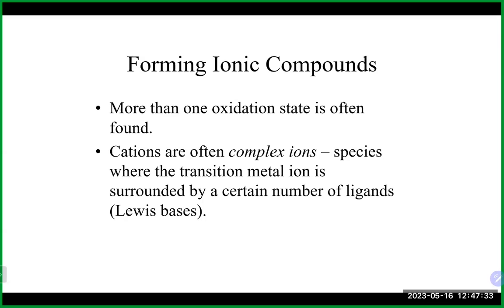Those are the guys that can make a variety of positive charges, which is why when we name them, we typically use Roman numerals to indicate the positive charge. The only exception in terms of transition metals and variable charges is zinc and cadmium, which make a +2 charge no matter the situation, and silver, which makes a +1 charge. But everybody else there in the transition metal region can have a variable type of positive charge.